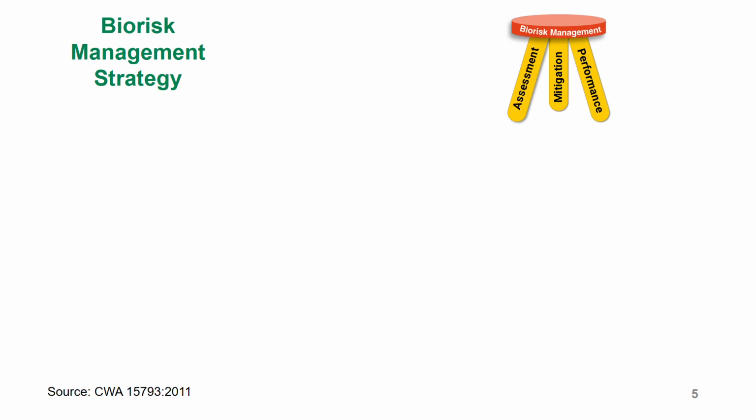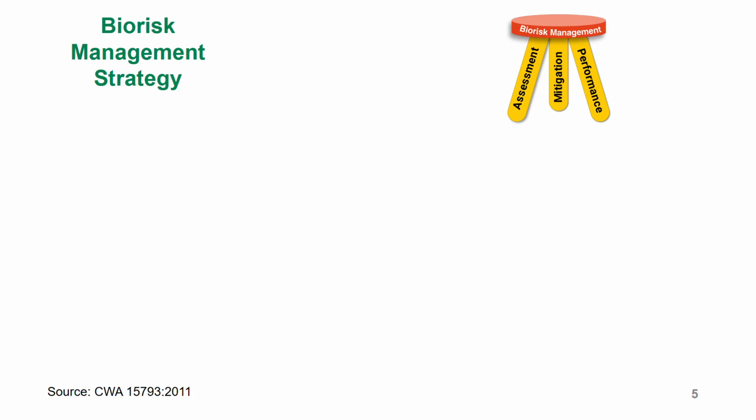If you find that they are not making a difference, not reducing or eliminating the risk, you need to go back and do your assessment again, put up new mitigations, and then check again whether the new mitigations are working this time around. So it's a cyclic type of biorisk management strategy.